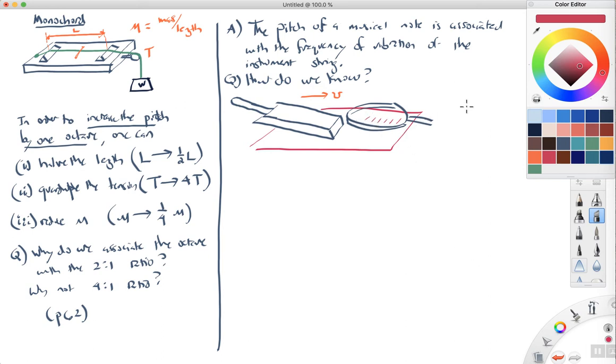So the sound that is emitted is determined by the frequency with which the chisel strikes the metal.